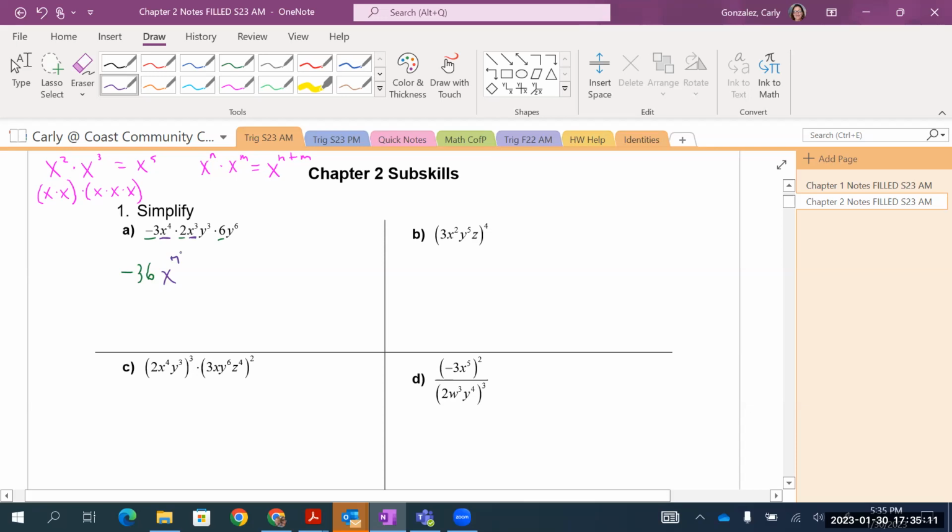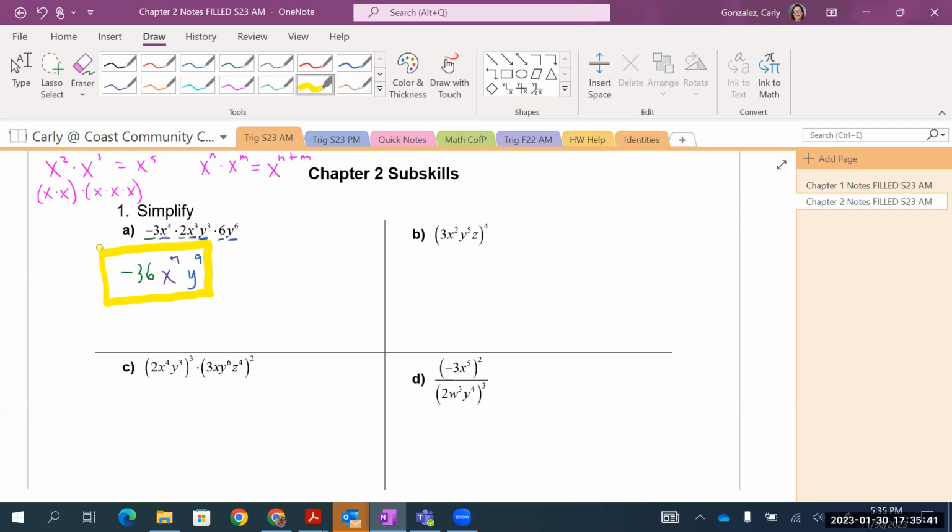Similarly, we will do the same for our y's. We have y cubed times y to the 6th power. Our base stays the same, y, and we add the exponents. 3 plus 6 is 9. Therefore, our final answer is negative 36, x to the 7th, y to the 9th.